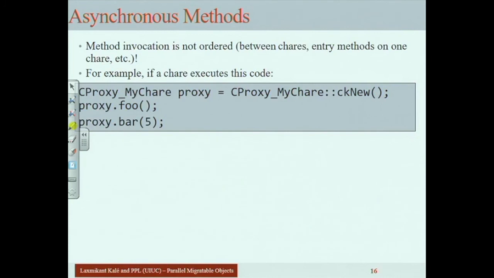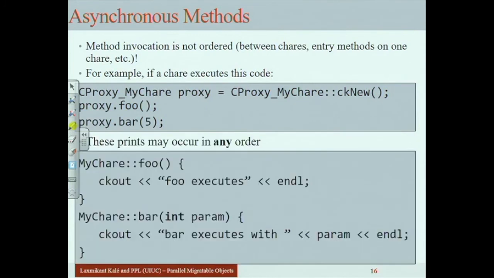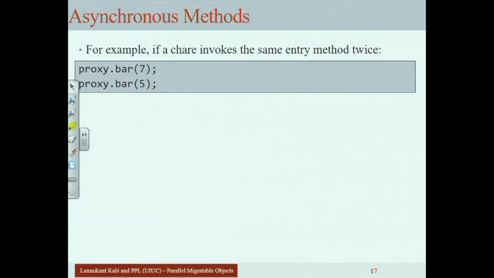Okay. So foo executes and bar executes with this parameter. Those two prints can occur in any order. Not just that, if you have the same method name, this is obvious, but let's re-emphasize it. You have a method name called bar, and you are calling proxy.bar 7 and proxy.bar 5 from the same source object, in fact.